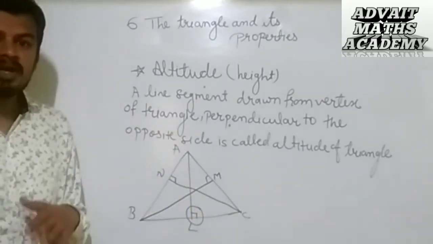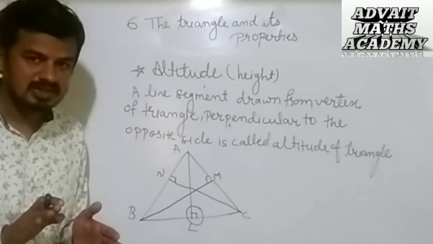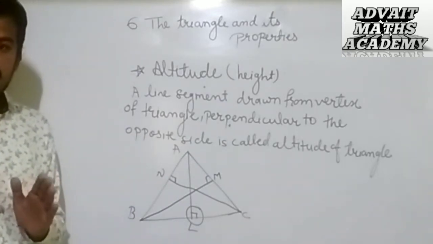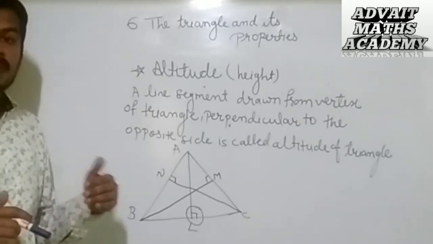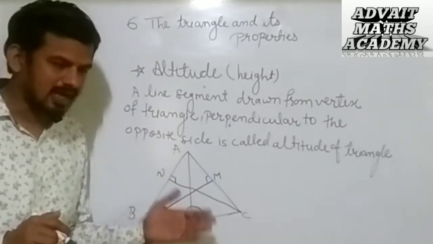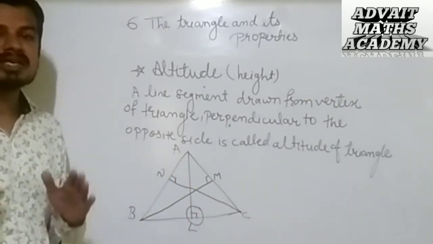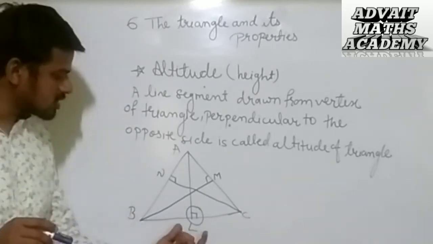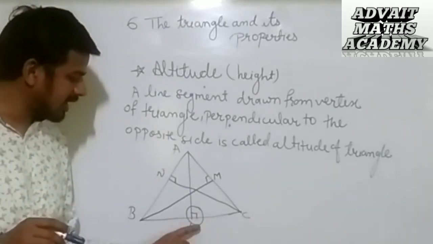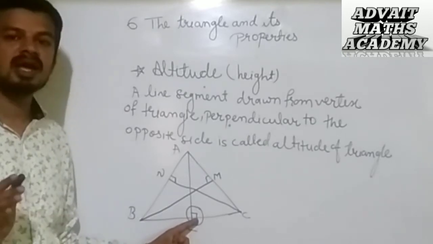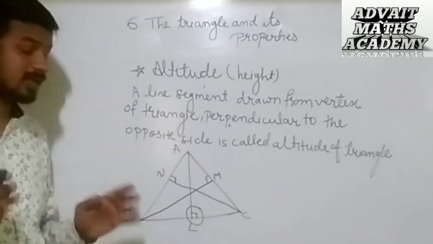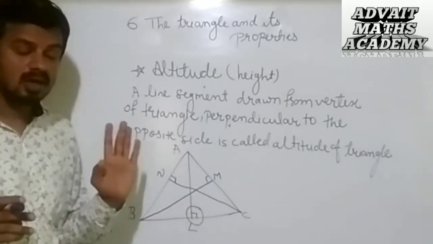Any line segment drawn from the vertex of a triangle perpendicular to the opposite side is known as an altitude. Most important, you have to see the 90 degree symbol. If you see the 90 degree symbol, then you can directly say AL is an altitude.